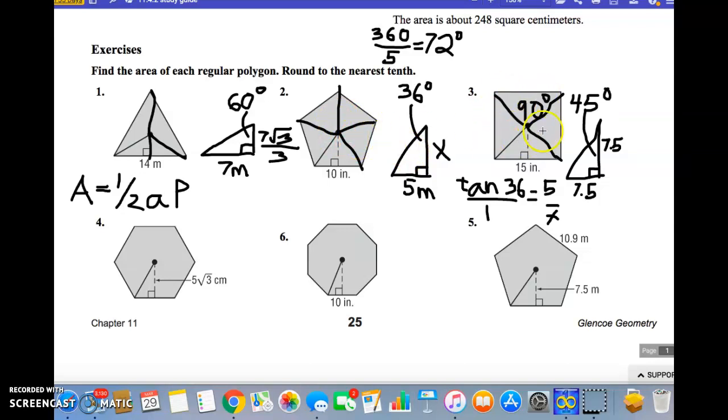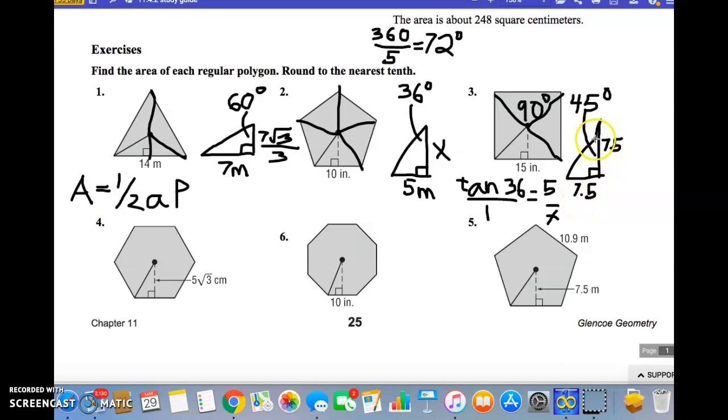The last one I'll walk you through is this square. You only had the one triangle here, but I marked it up again. Each one of these central angles will be 90, right? 360, the whole figure, divided by 1, 2, 3, 4 gives you 90. But half of this will be 45. That's how I get that. Half of this side is 7.5.